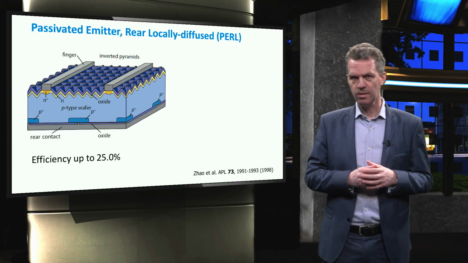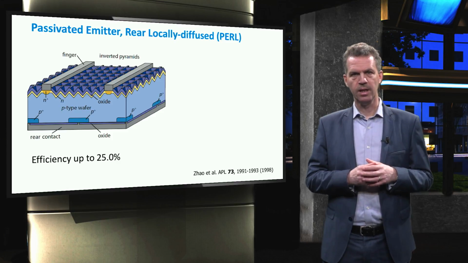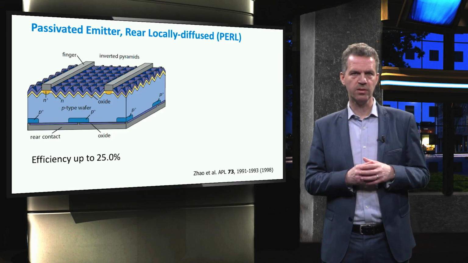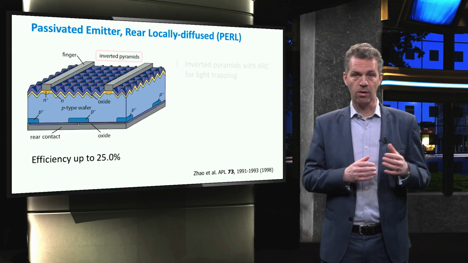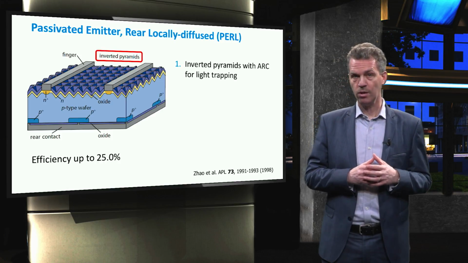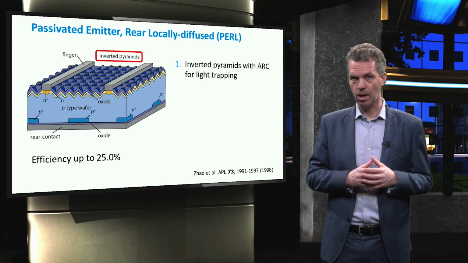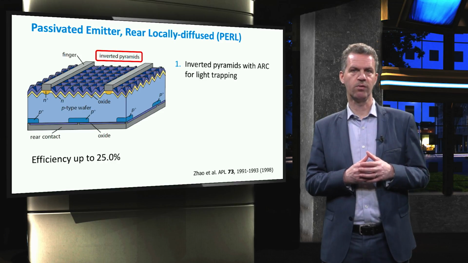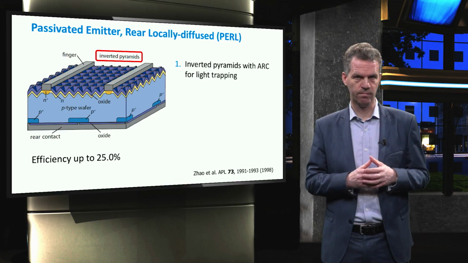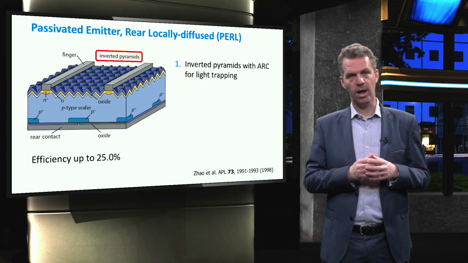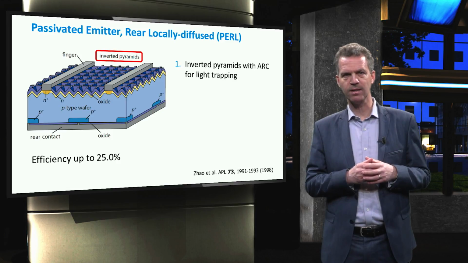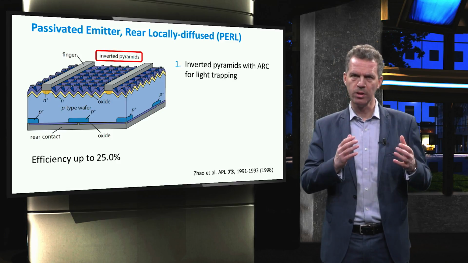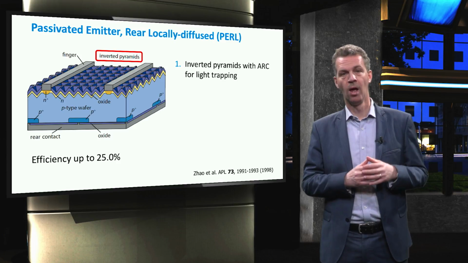As we can tell from this illustration, this design includes all the considerations that have been discussed in the previous videos. The front surface is textured with inverted pyramids and coated with a double-layer anti-reflective coating to reduce reflection. Using 2 layers for anti-reflection coating allows to make the transition in the refractive index even smoother, reducing the reflection even more.